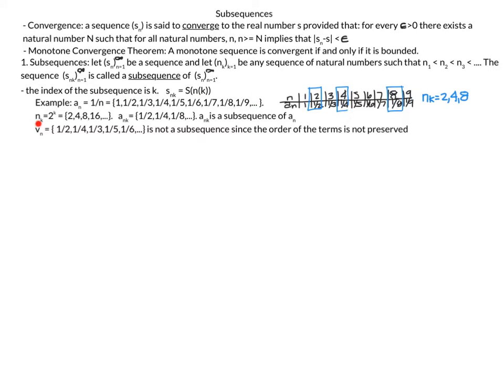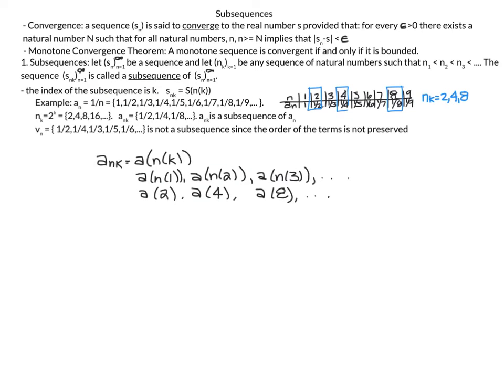So let's say nk is equal to 2 to the k. So when k is equal to 1, we get 2. When k is equal to 2, we get 4. When k is equal to 3, we get 8, etc. Now this is going to tell us which terms from here we are going to pick out. In other words, our subsequence ank is going to be a of n of k.